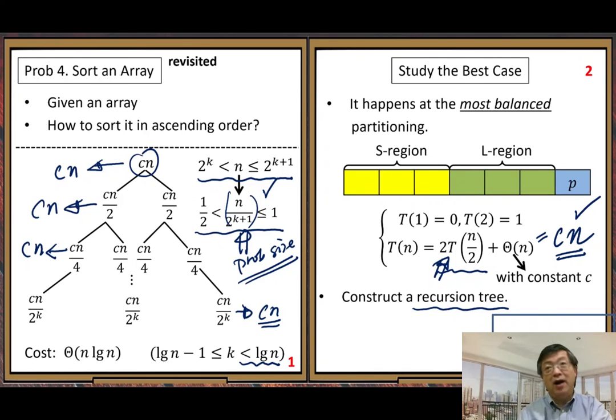So in this way, we can get the estimate of that T of n, big theta of n log n. So that is for the best case of the quicksort.